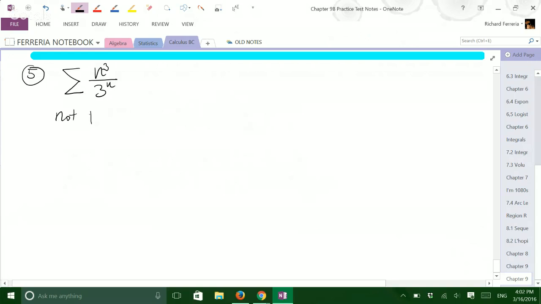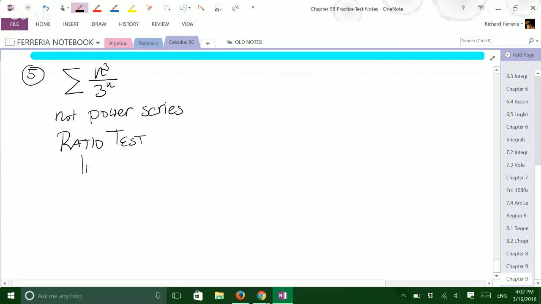So we don't have to use the ratio test. We can use any test we like. It just so happens again that I think the ratio test works really well here. Whenever you have n as an exponent, the ratio test usually deals with that really efficiently. So let's use a ratio test, even though it's not a power series.